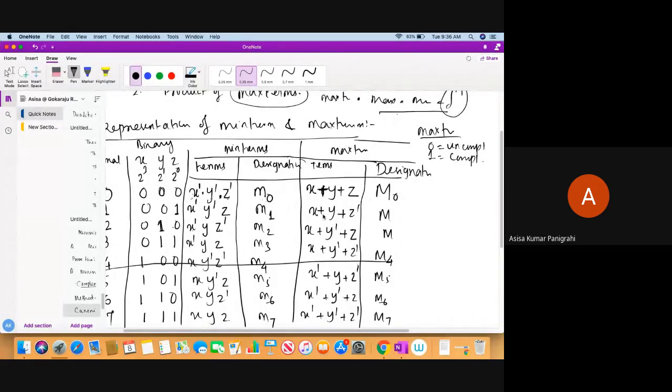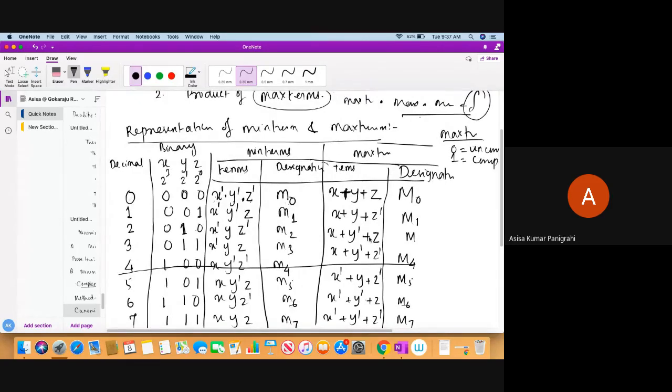Next, x, y, z bar. M1 is your x, y, z bar, so this is your M1. Next, M2 is your x, y bar, z, because 0 is in the form of uncomplemented and 1 is in the form of complemented.